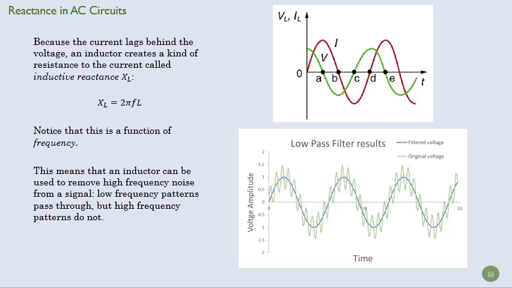I would use a low pass filter. I would set up an inductor circuit like this, and it would catch that high frequency part of the signal, the quick up and downs, and eliminate those. I'd be left with just this low frequency signal. That's called a low pass filter because it allows my low frequency signal to pass through and it filters out my high frequency signal.